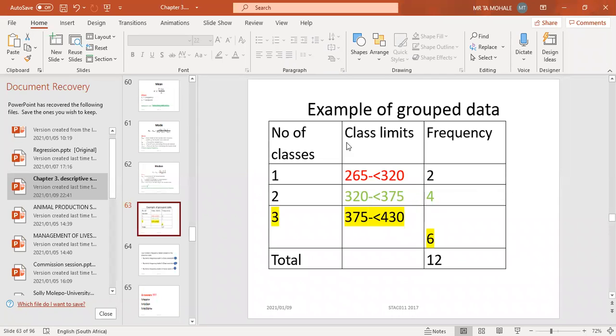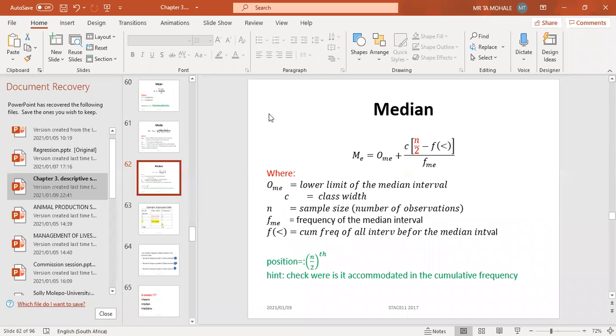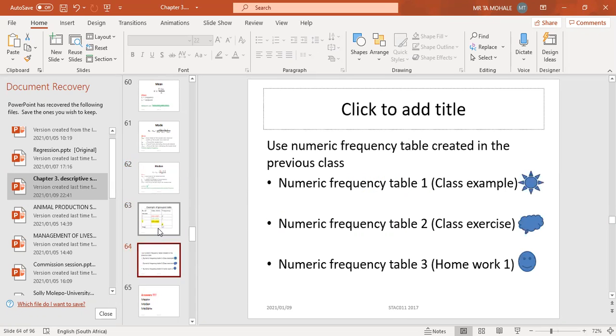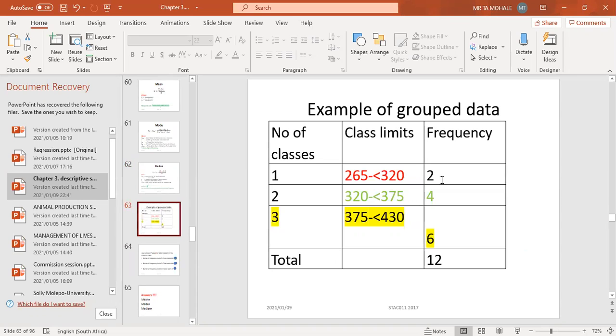Okay, so we said the lower class limit is 320. And then going back to the formula, what is the value of C? We got 55, isn't it? Because you find the difference between any of these classes. And then, what else do we need?